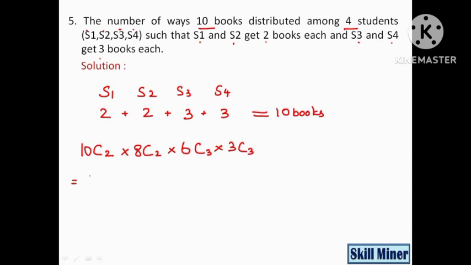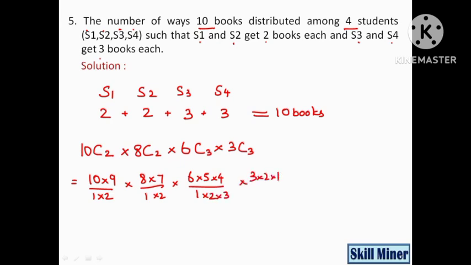So 10 into 9 divided by 1 into 2, into 8 into 7 divided by 1 into 2, into 6 into 5 into 4 divided by 1 into 2 into 3, into 3 into 2 into 1 divided by 1 into 2 into 3. Guys, you see the numerator. The numerator 10 into 9 into 8 into 7 into 6 into 5 into 4 into 3 into 2 into 1 is 10 factorial.